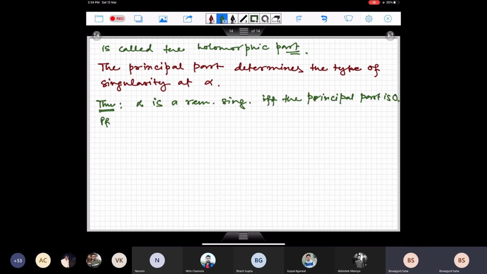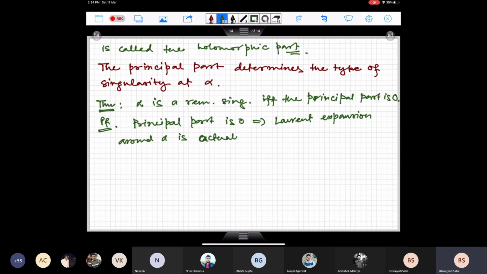Okay, so proof: the principal part is zero. That implies the Laurent expansion around alpha is actually a power series expansion. So you can just take that power series to be the function g.